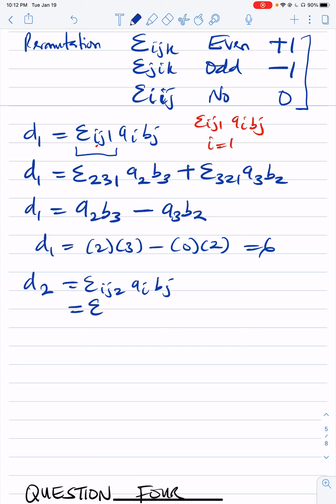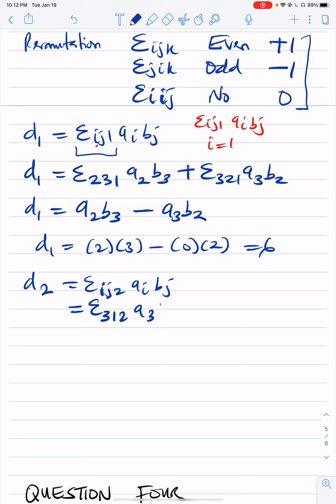If any value of I is 2, we turn all of this to 0. So the highest I can be should be 3, right? After 2, the next one should be 3. And if I is 3, J should be 1, because if it's 2 or 3, it will turn this to 0.